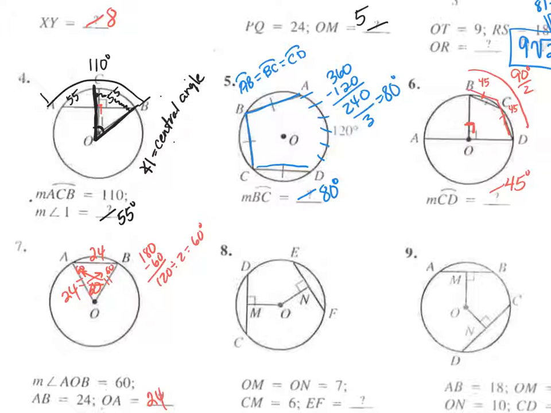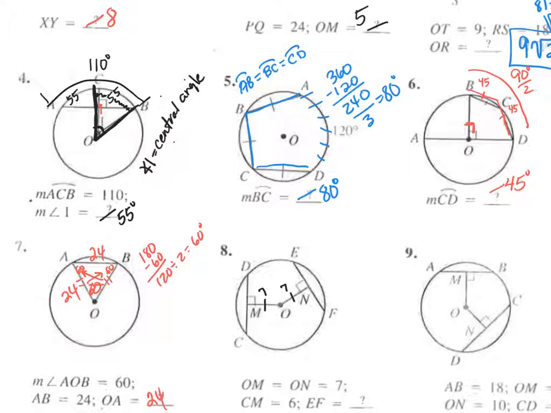Let's look at 8. OM equals ON equals 7. So I've got two chords that are the same distance from the center of the circle. Since OM and ON are both 7, then DC and EF are both the same distance from the center of the circle.